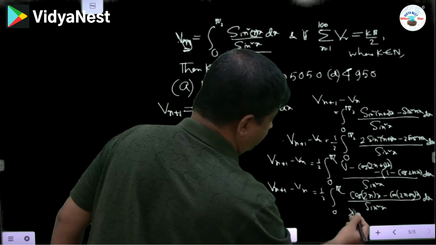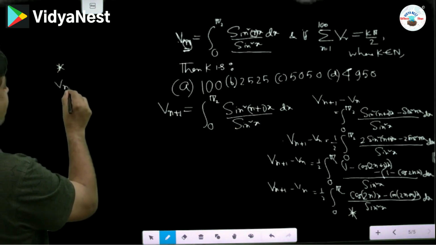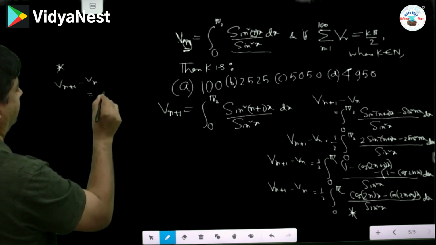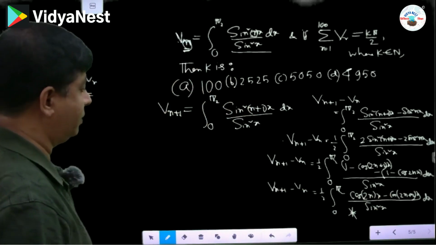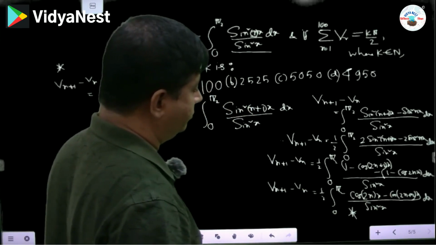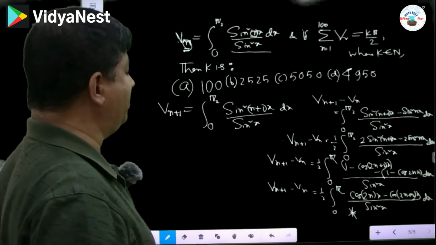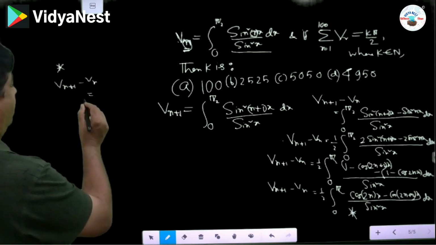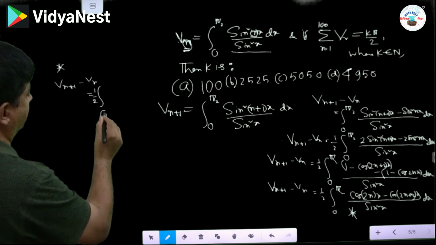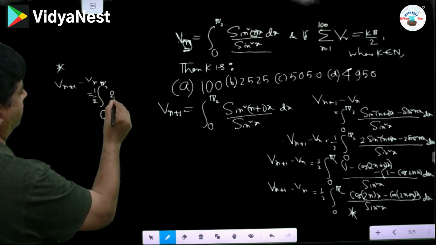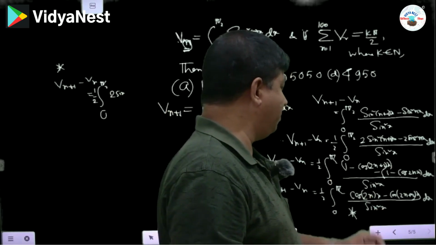After this stage, let us shift to this place. Therefore, Vn plus 1 minus Vn will be what? Cos C minus cos D means it will be related to sine. 0 to pi by 2, outside there will be 1 half, 2 sine (C plus D) by 2.